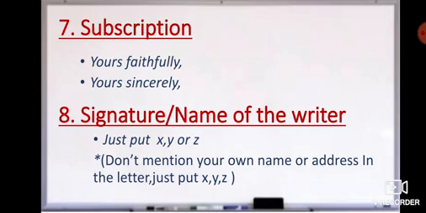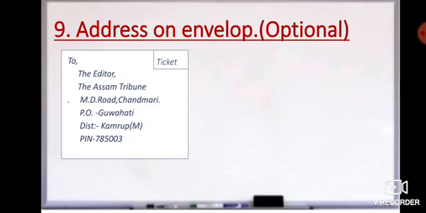Just put X, Y or Z. In the last step, we have to write the address of the receiver as the address mentioned here on the envelope, but it's optional.